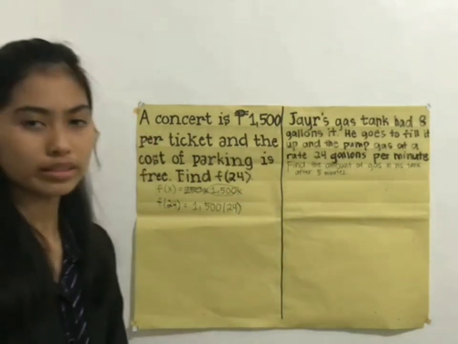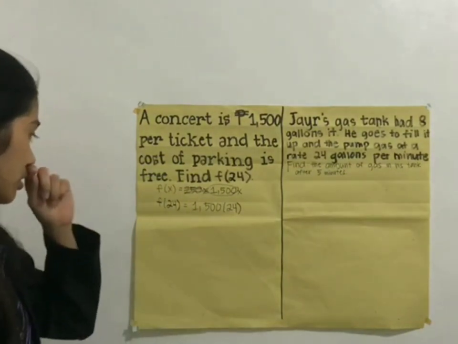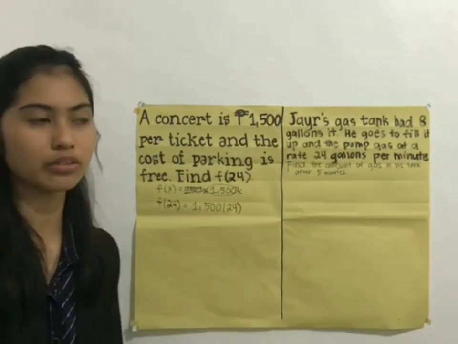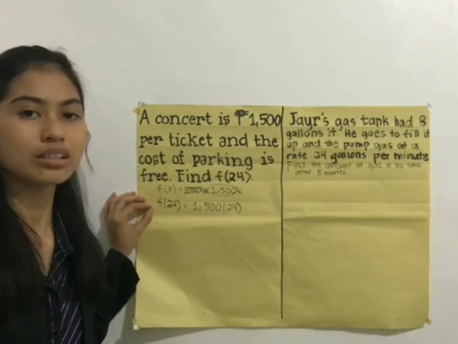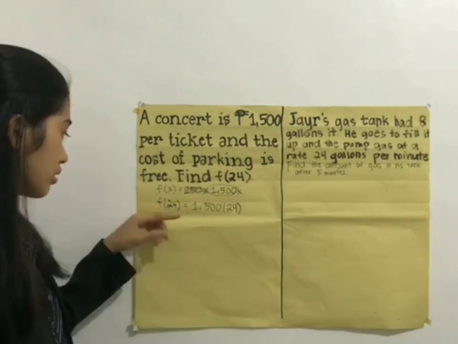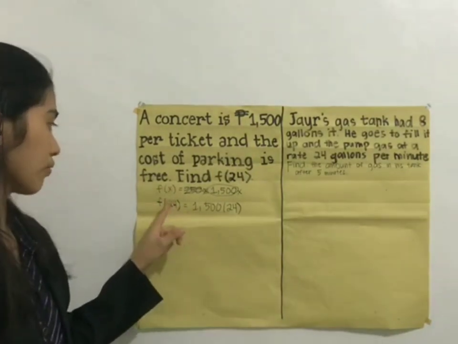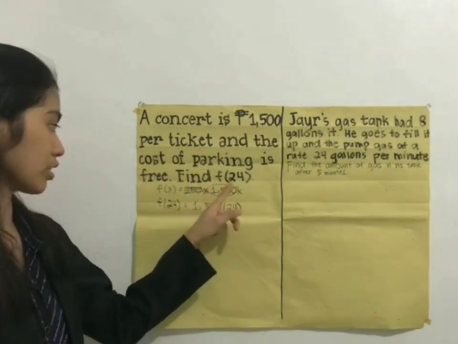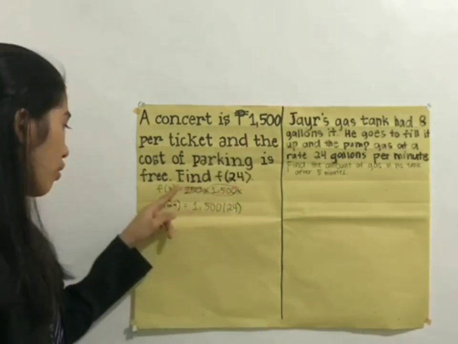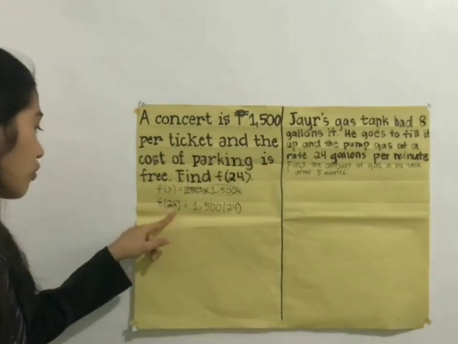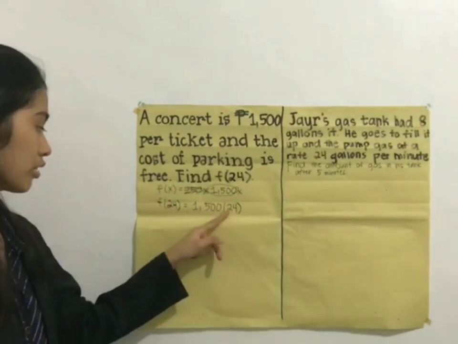So what happened? Since we're talking about evaluating functions, all we have to do is substitute the value of x. Since the question is finding F(24), we substitute the 24 to the x, and here also.